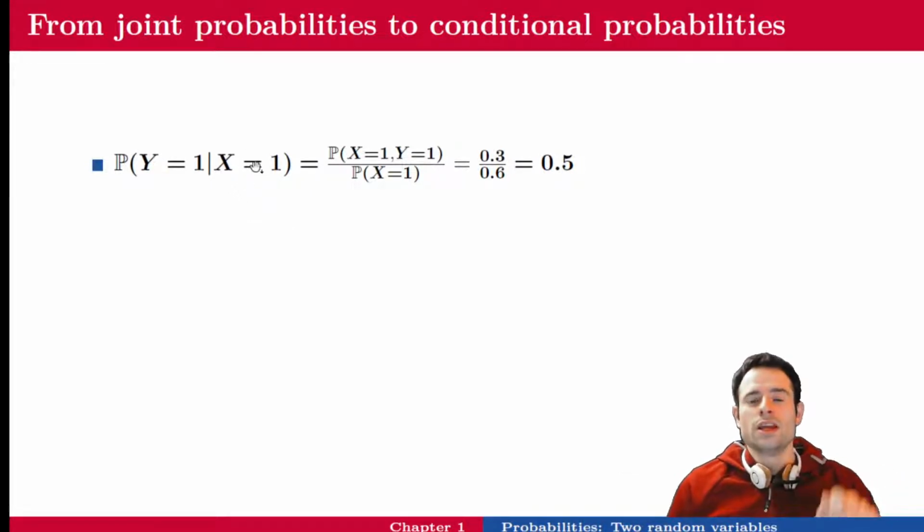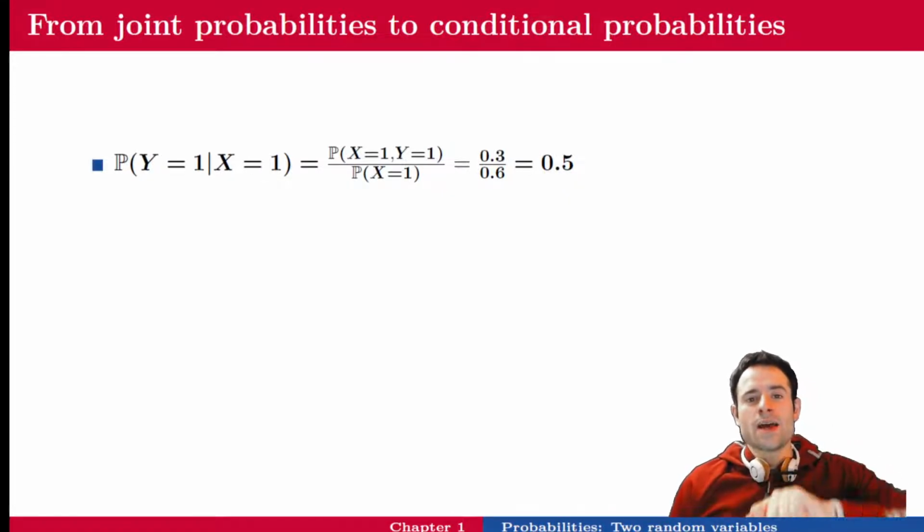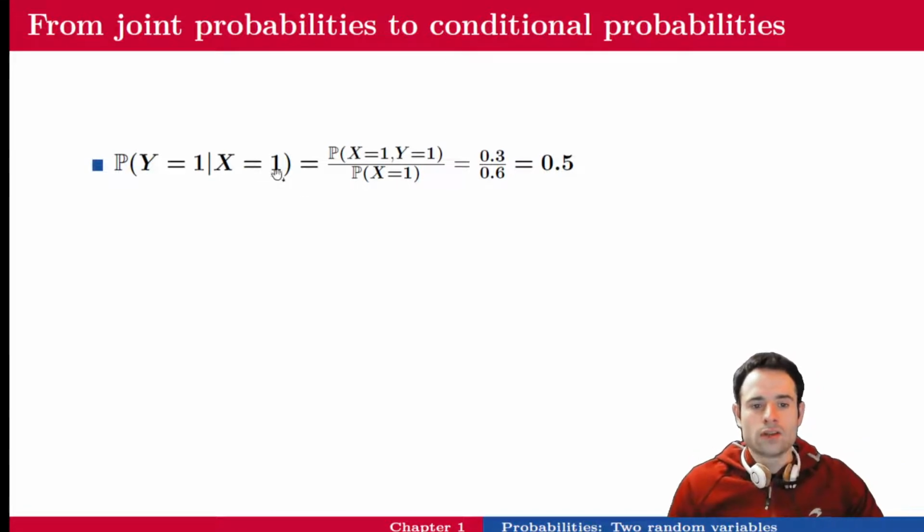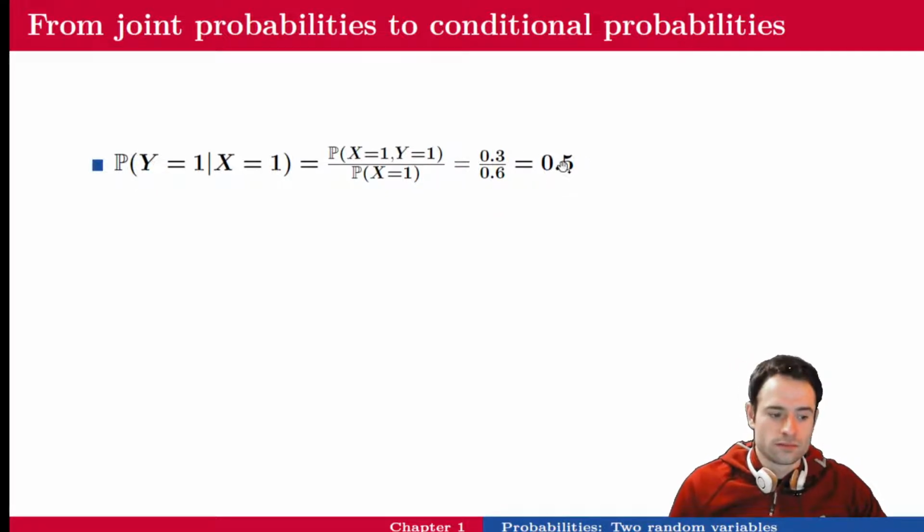Because remember, if I put the condition, it means I am already looking at this subgroup. So I need to take into account the probability of finding this subgroup. These two numbers are from the table, and you get 50%.